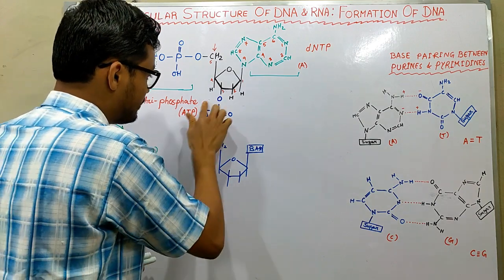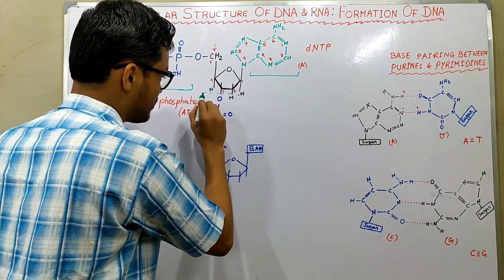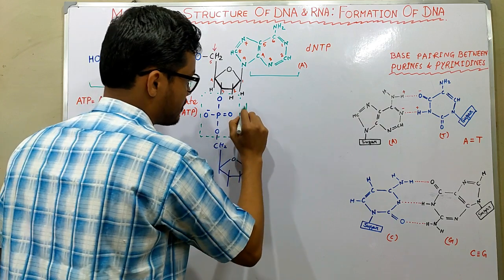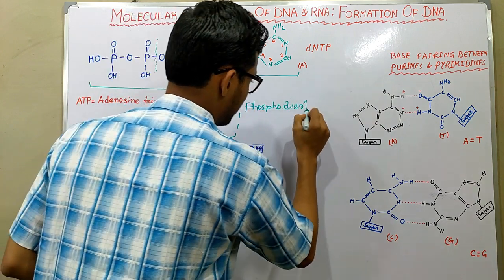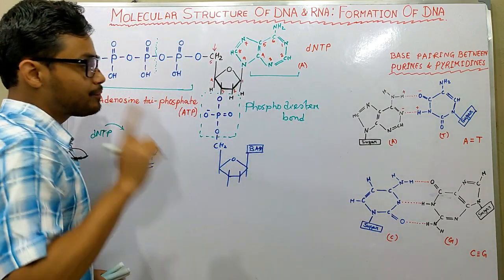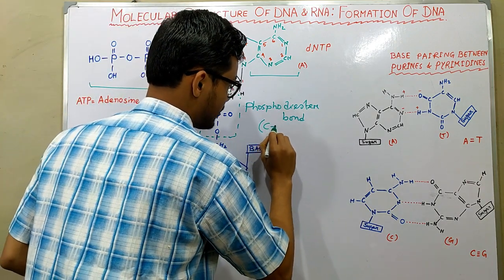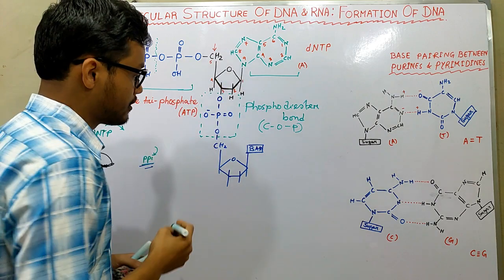So this particular structure is known as a phosphodiester bond. One of the main properties of a phosphodiester bond is that it always contains a C-O-P bond, that means carbon, oxygen, phosphate.